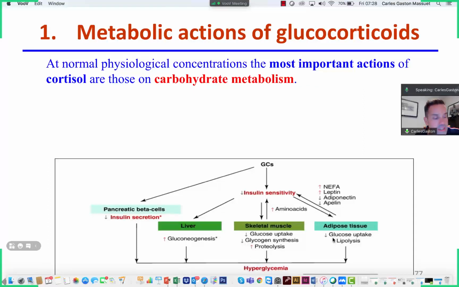So the net effect is increased hyperglycemia.